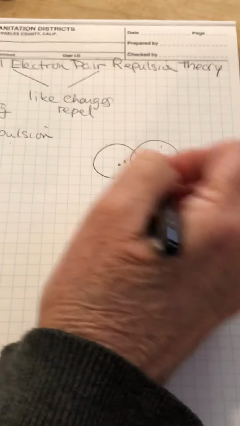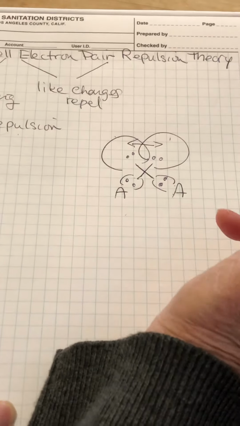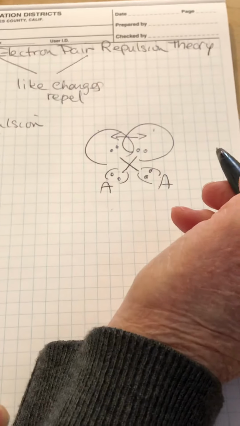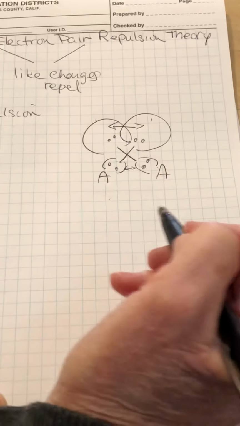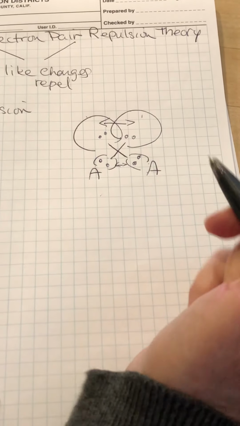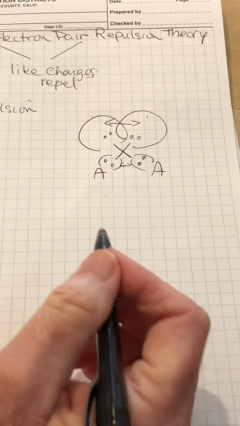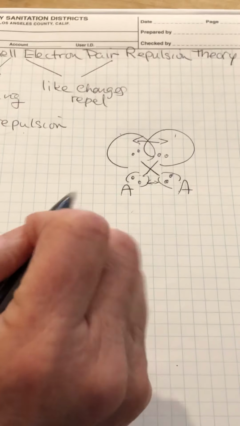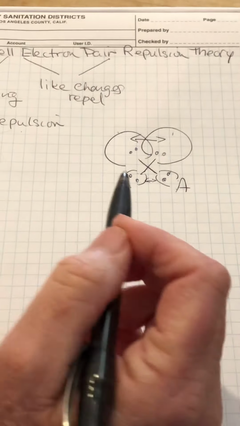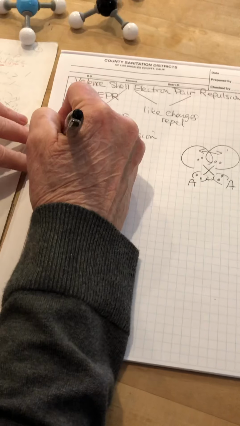The space taken up by the lone pairs results in a greater repulsion for two lone pairs for each other, whereas the repulsion between bonding pairs is quite small because they do not take up a lot of space. Now, when we get back into the classroom, I've got a good analogy to tell you about people and airline seats, but it's no fun unless I can use my hands, so we're not going to do that now. Let's just rank these electron pair repulsions, largest to smallest.